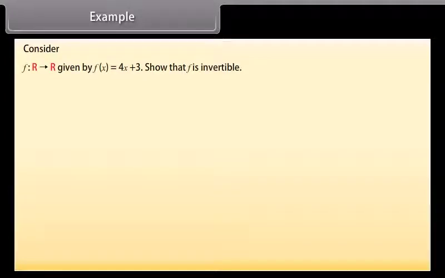Example. Consider function f from R to R given by f of x is equal to 4x plus 3. Show that f is invertible. Answer.